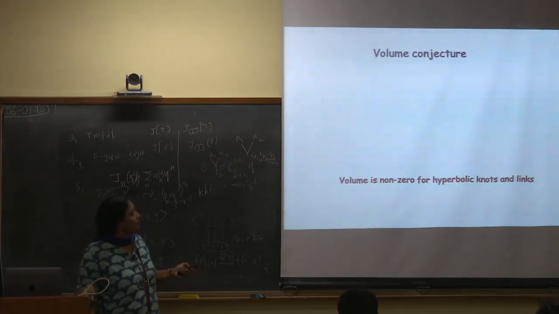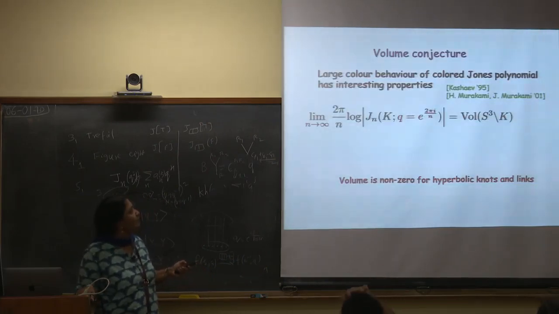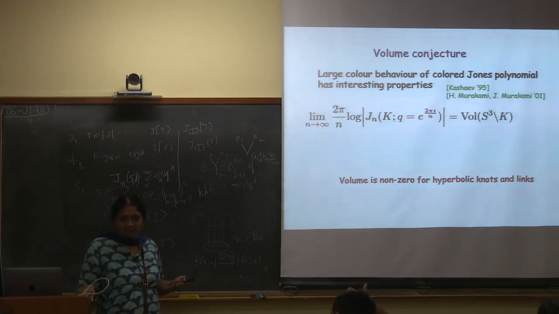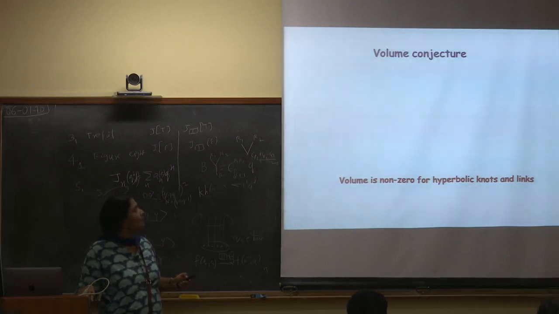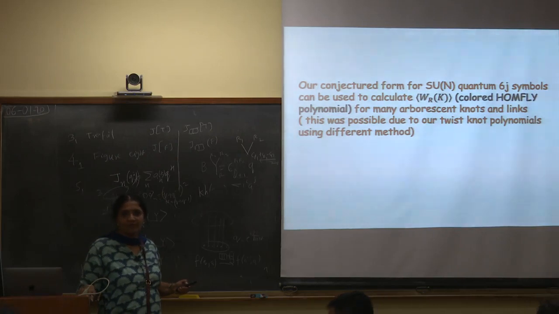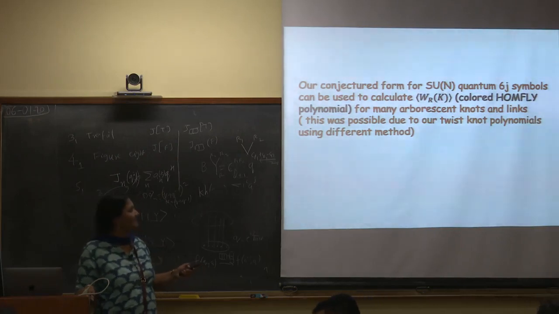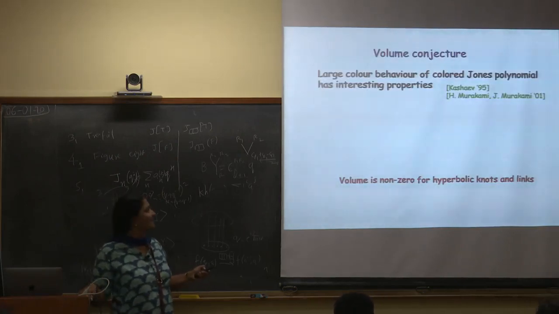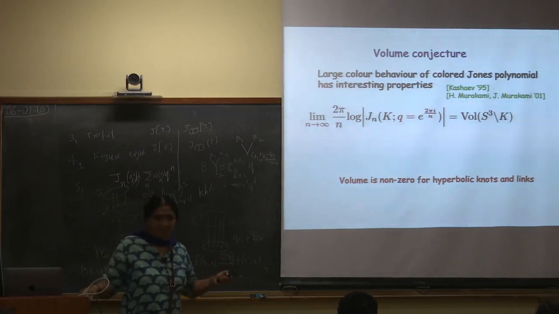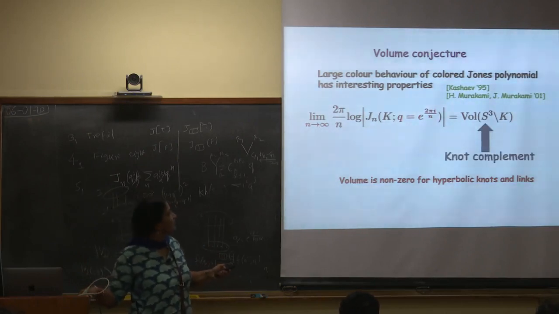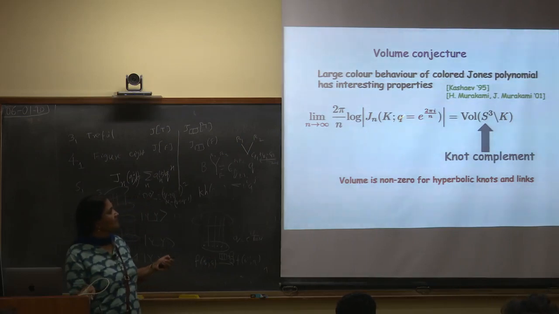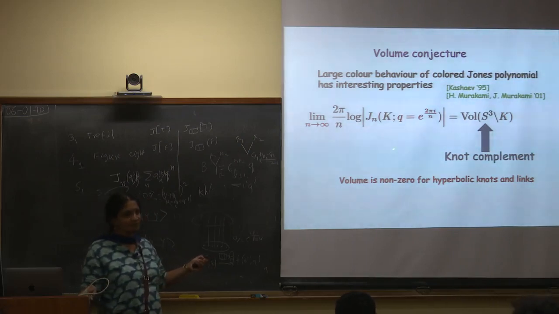Okay, so what should I do? Should I stop here and get to the volume conjecture some other time? Anyway, let me just start off. So far we have looked at knot invariants, these colored Jones with arbitrary spin and so on.